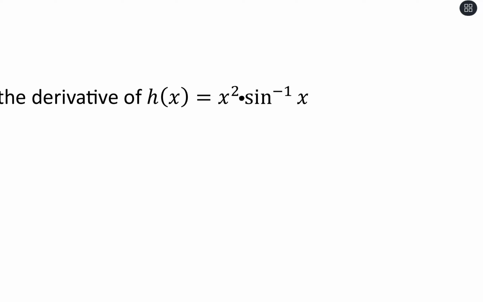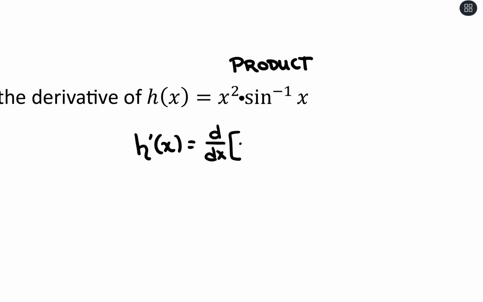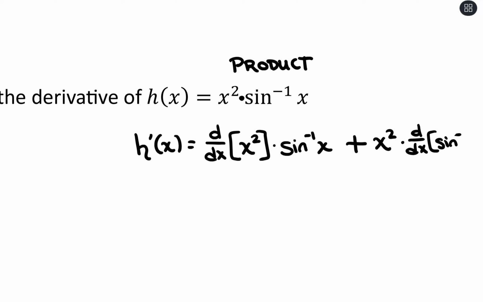We are going to have multiplication, so with that we're going to use the product rule. So, taking the derivative, let's go ahead and write this out. I'll have the derivative of x squared times inverse sine of x, plus x squared times the derivative of inverse sine of x.